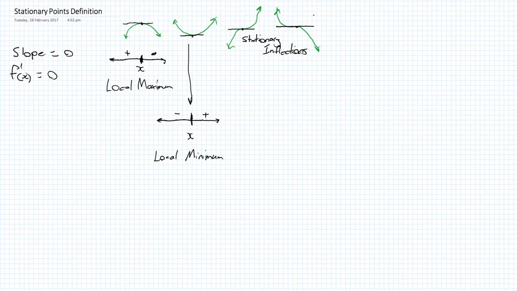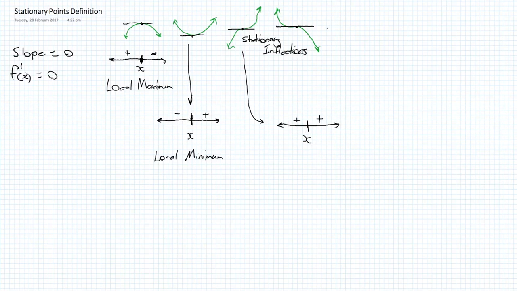What about stationary inflections? Well, first of all, let's draw the sign diagram of this first one here. And this one is going to look a little bit like this. Again, some arbitrary value of x. And we can see that the slope here is positive and the slope here is also positive. So our sign diagram is going to look like that.